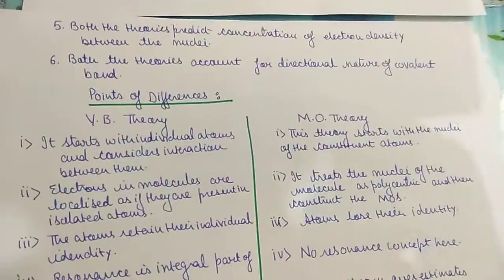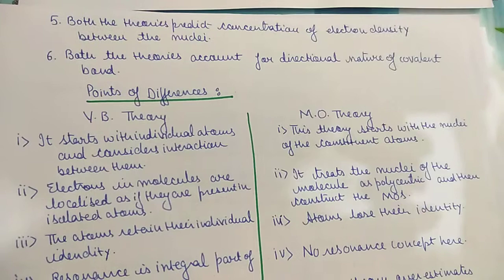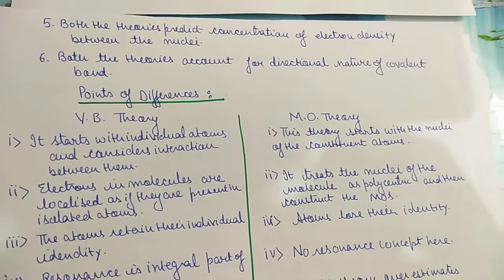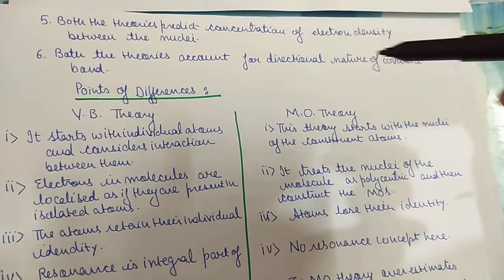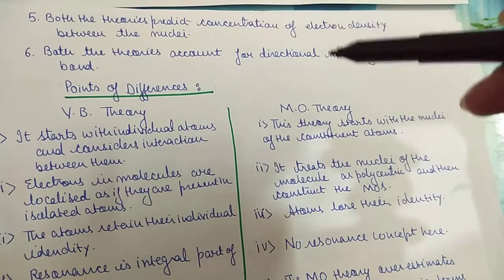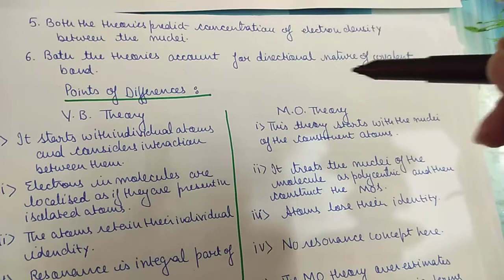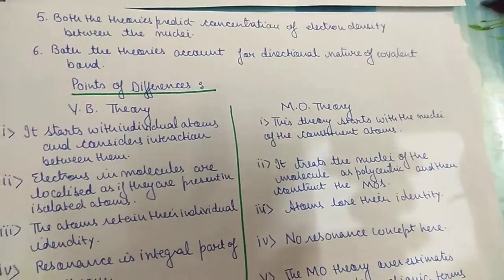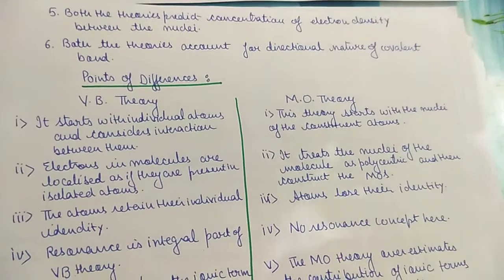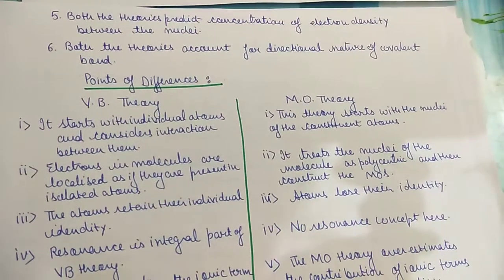Other similarities are that both theories predict concentration of electron density between the nuclei, and they account for the directional nature of the covalent bond. They suggest that the covalent bond is directional in nature.